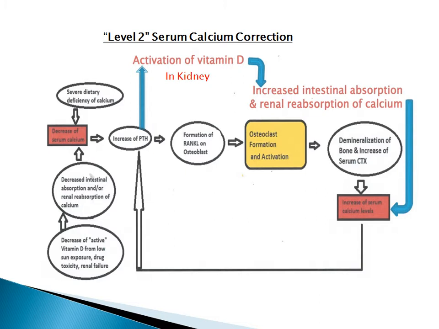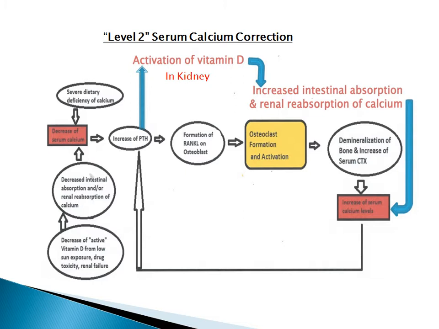Now, what happens if the level 2 correction doesn't work? In other words, the dietary calcium and vitamin D continue to be deficient, and the serum calcium levels fall and it can't be corrected with a level 1 or a level 2 process?